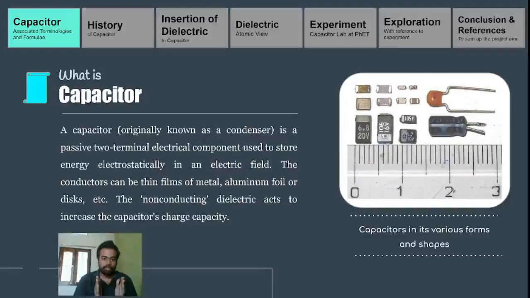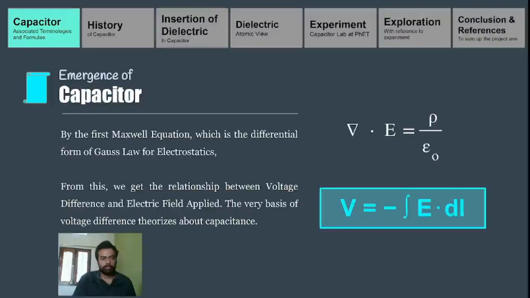This is the basic construction of the capacitor. The non-conducting part, which we will introduce in between the separation as a dielectric, we will discuss in the later part.